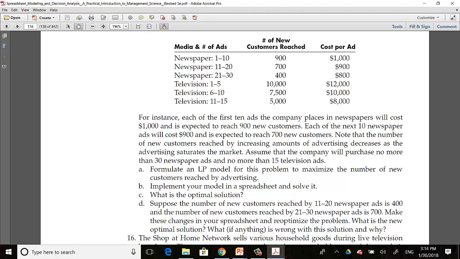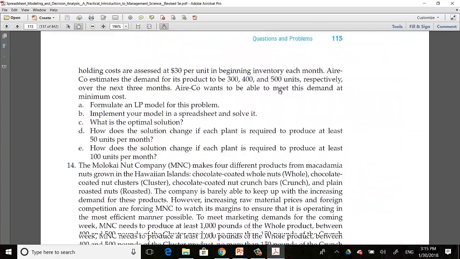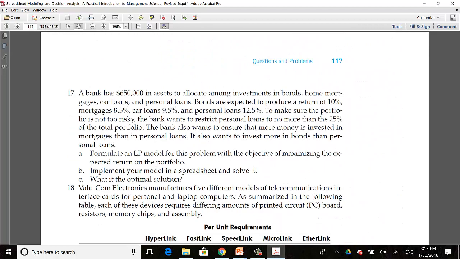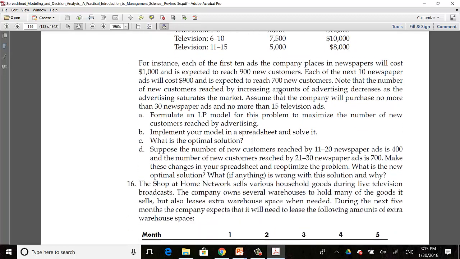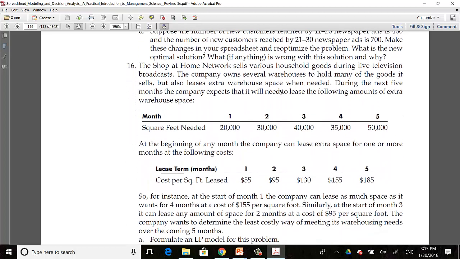Then the next one we want to do is another interesting one. That's 16 in version 5 of the book, and 19 if you have the 6th edition.